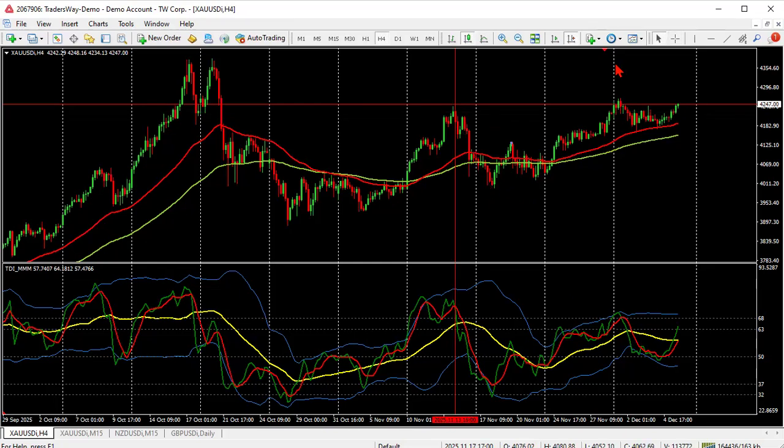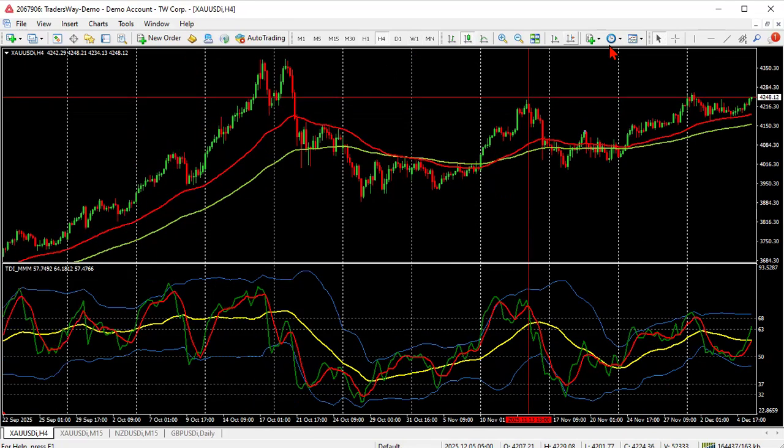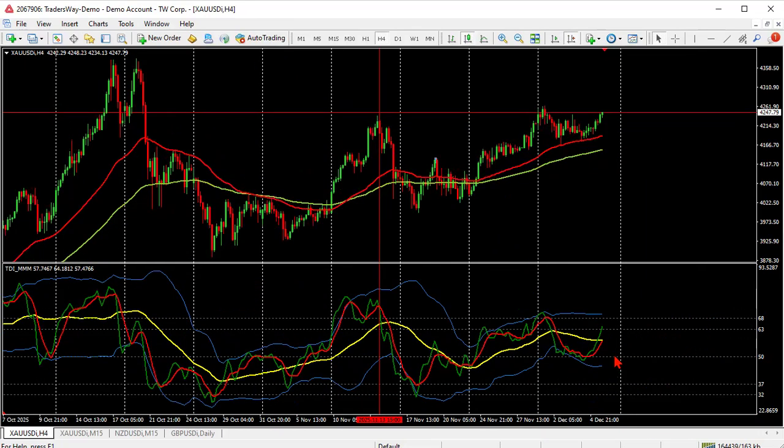Okay, so I think if I look at it right now, we're having that same kind of situation right here in our current time. As you can see, where we are in time right now, we have price being closer to the baseline than it is to the 50 moving average.